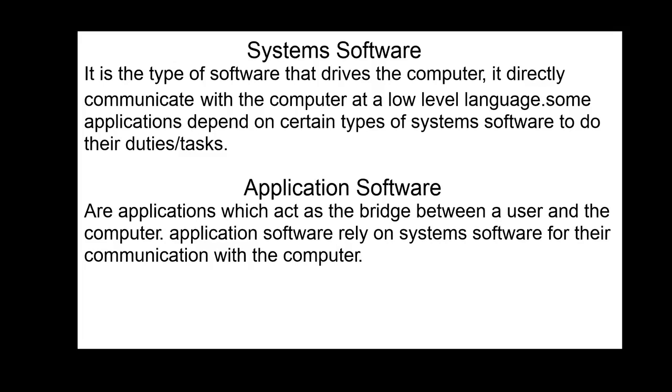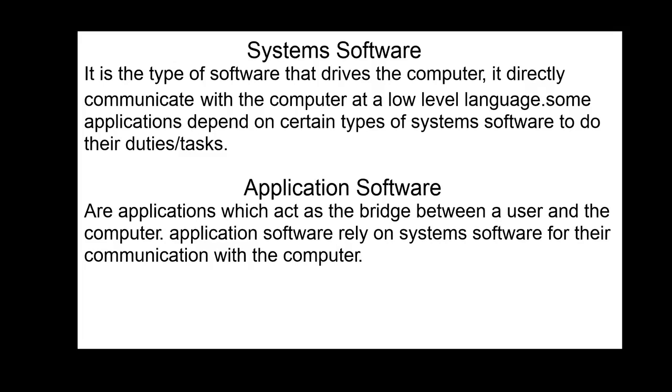So those are sets of instructions that are directly executed by the microprocessor of the computer. The microprocessor of the computer will directly execute the set of instructions to perform any task, which are system software.